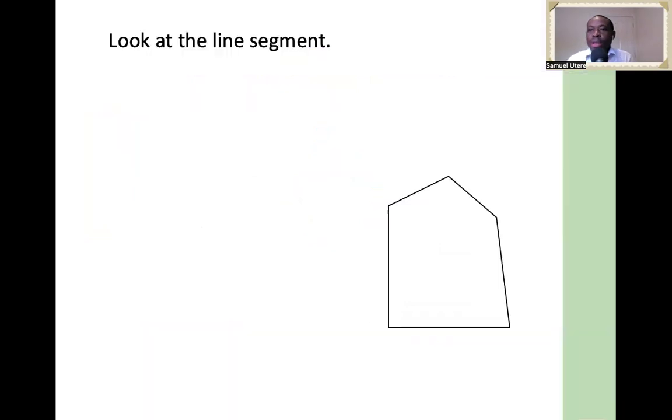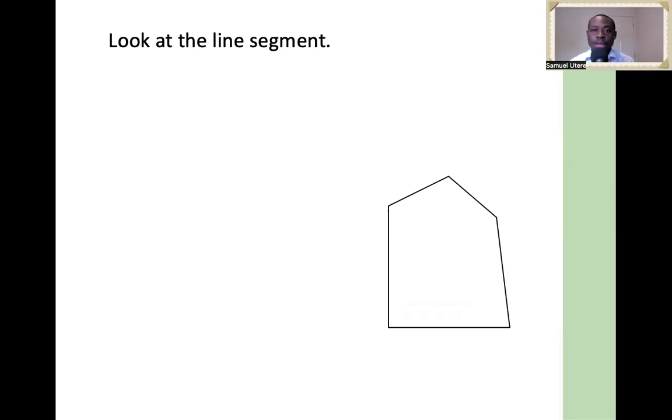Okay, let's move on to the second part of our learning. If I ask you to look at the line segment, again, you would ask me which one. I have not been specific. You don't know which line segment I have asked you to look for in this shape. So I'm sure you would ask me, don't you think you should label the shape before you can identify the line segment?